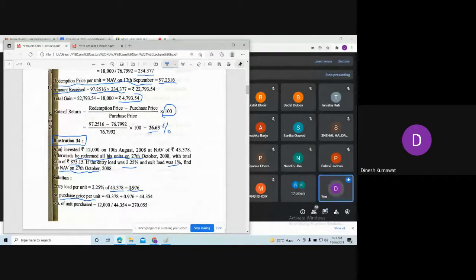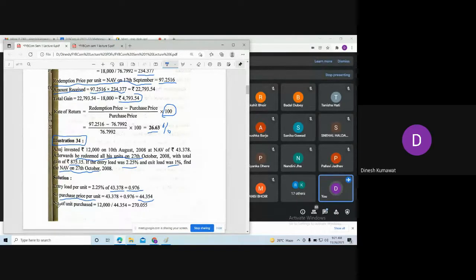Now you can do this, or you just add this entry load to the net asset value of purchase to find out the purchase price. So after adding we are getting 44.354. So this is all about our purchase price.